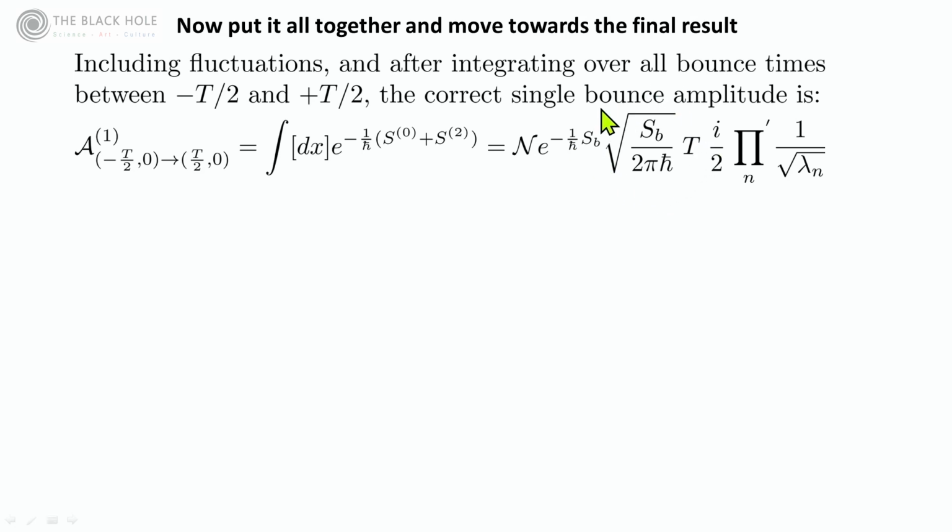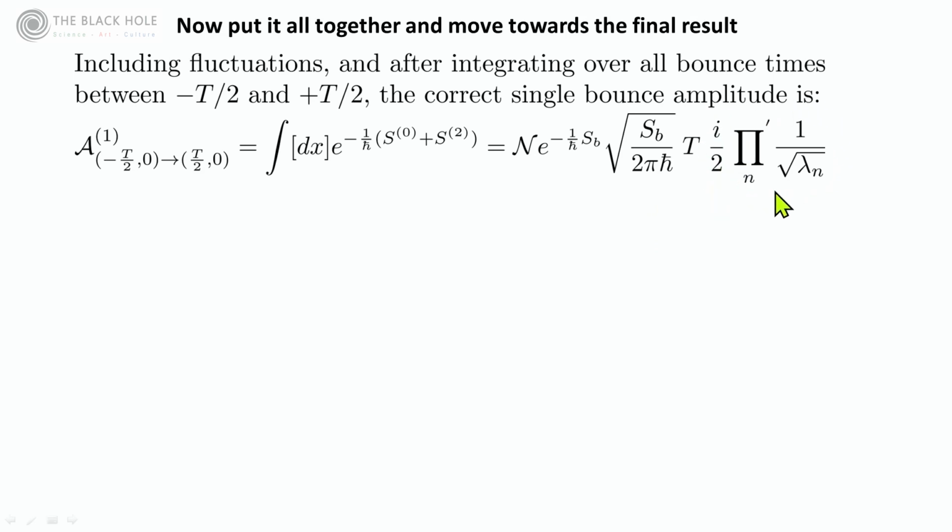This stuff over here, you will remember from the last lecture, is just the time translational stuff. Since the bounce could happen any time between minus T over 2 and plus T over 2, we have to integrate over all times, and that gives the factor of T. And this is, of course, the thing that we did last time, the measure, which comes out right. i over 2, you just saw how that comes through.